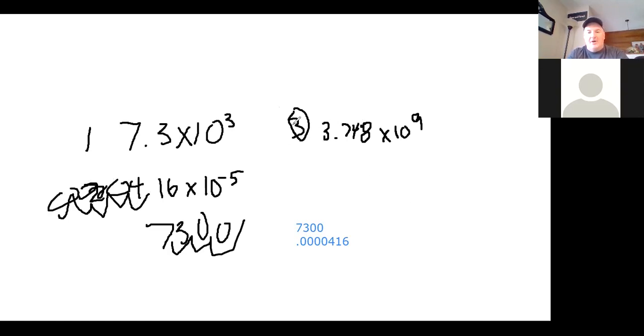And then the last one, number 3, that's 10 to the 9th. That number is going to become ginormous. In this case, 3.748. We go to the right 9 spots. This just throws you off, but it just means instead of being zeros, it's going to be 748.